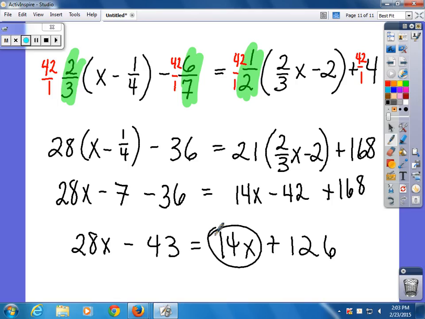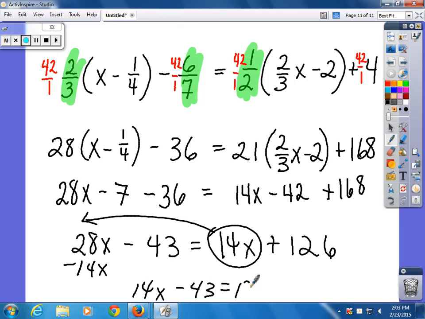So the 14 is going to come across, because we focus on the x, because that's it. So minus 14. That gives you 14x minus 43 is equal to 126. 43 comes over, plus 43.